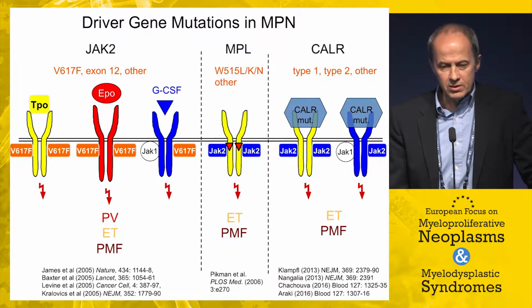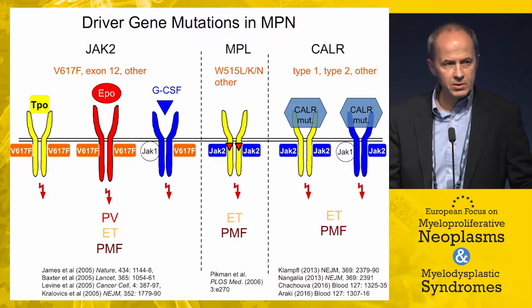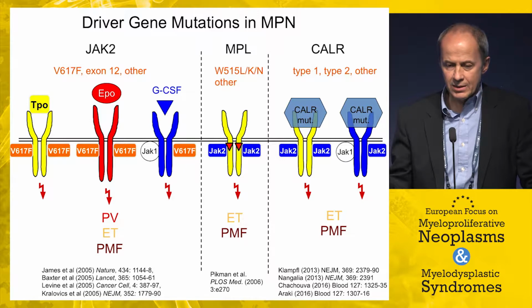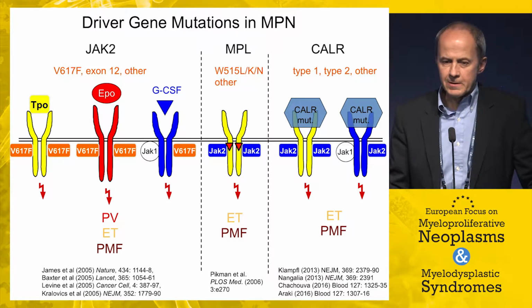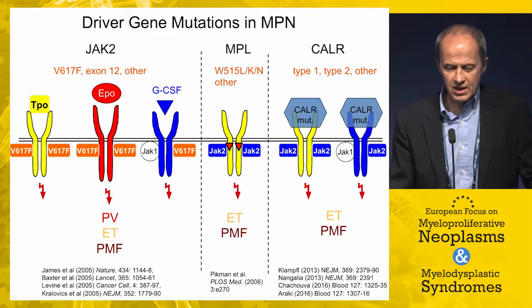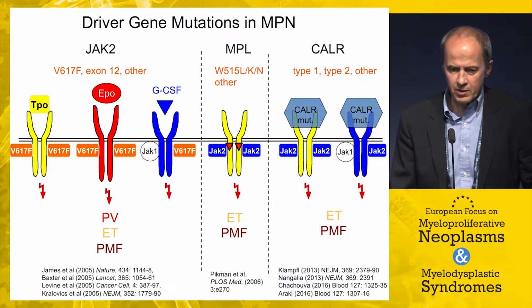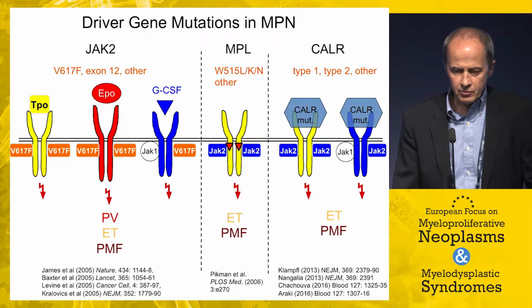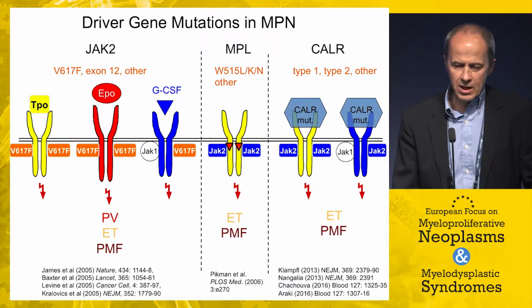However, when calreticulin is mutated, it not only binds these receptors, but also, through mechanisms we don't understand, activates signaling of these receptors, and so the mutant calreticulin becomes a false ligand and stimulates the same receptors that we've seen here, and the result is an increase in platelets and to some degree also granulocytes, and again we have an ET or PMF phenotype.